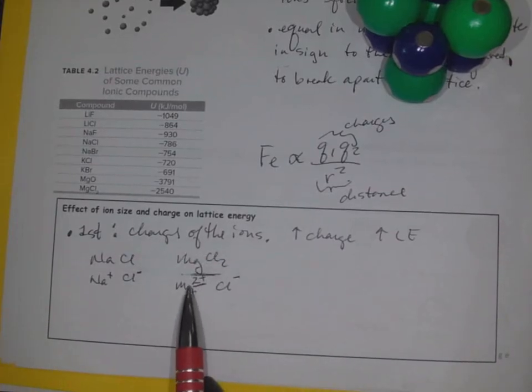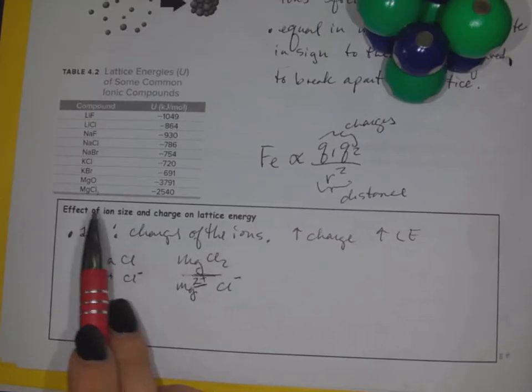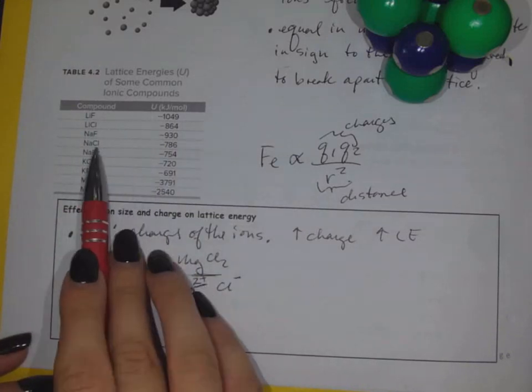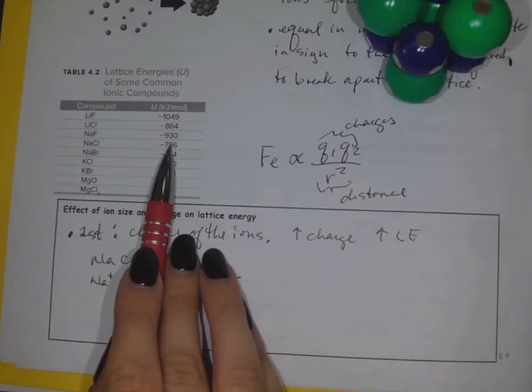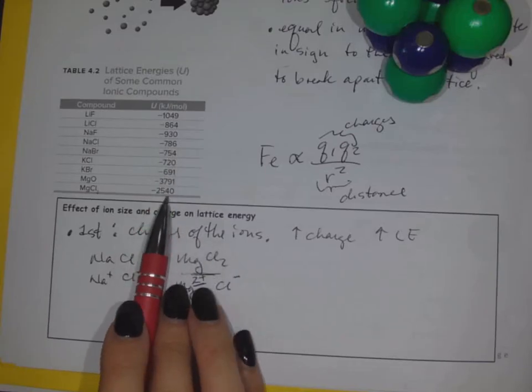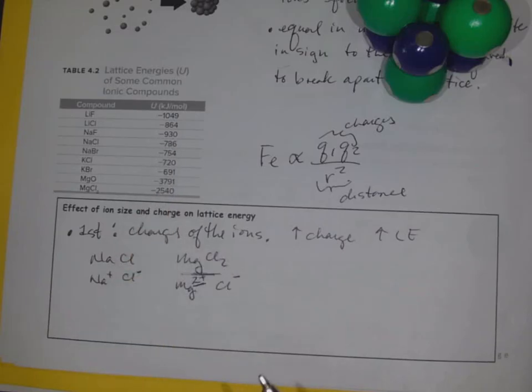That greater charge means that this lattice energy is way more than that. Now look at our list here. There's the sodium chloride, and so 786 kilojoules per mole of sodium chloride is released when it's formed, but way more than that is released when magnesium chloride is formed. Okay? It took more energy to break this guy apart than to break that one apart.